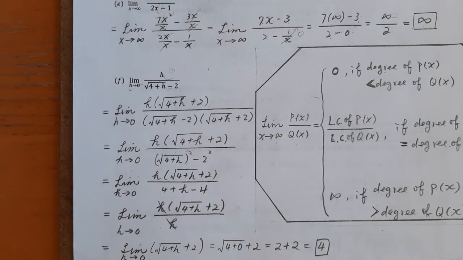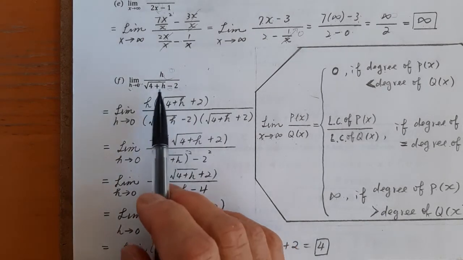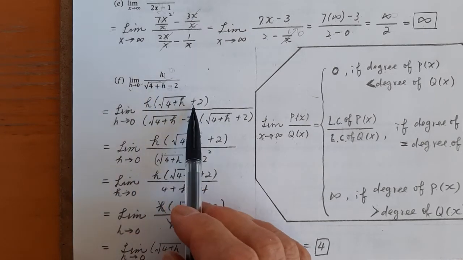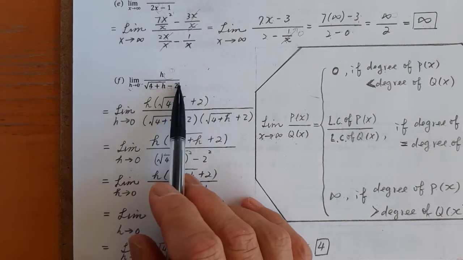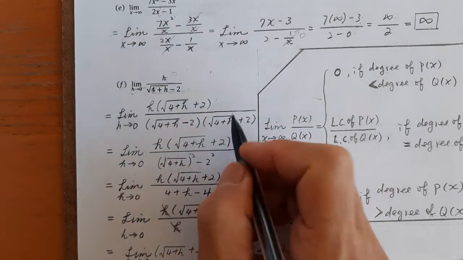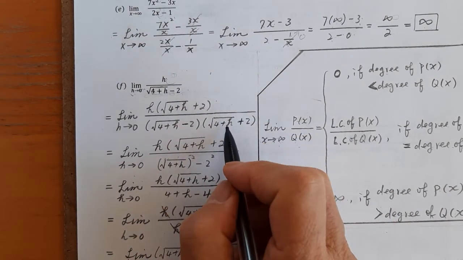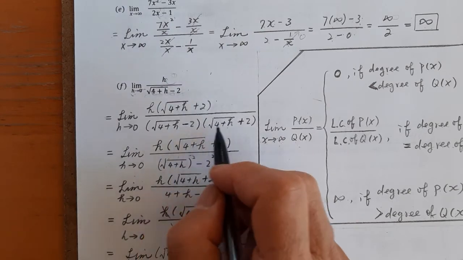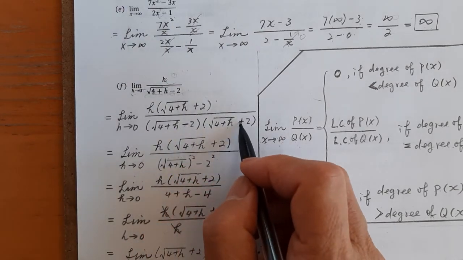So we can change it. Multiply this numerator by the denominator's conjugate. Here it's minus, conjugate is plus. The two factors are called conjugates of each other, the minus and the plus.